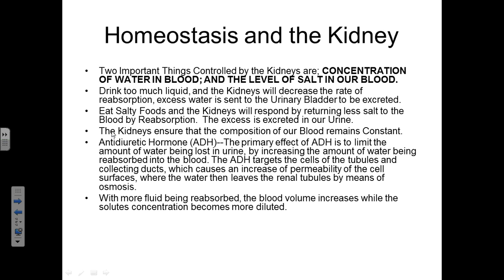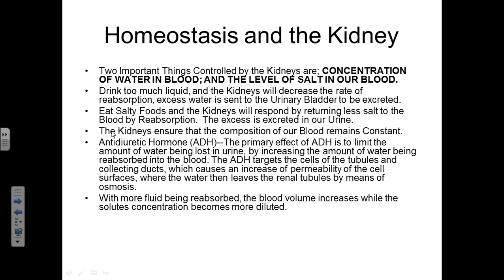And then the very last thing we will say on this PowerPoint, over and over again, I want to stress to you that the main thing your kidneys do is osmoregulation, regulating water and salt balance in your body fluids. Osmoregulation. If you drink a lot of water, your urine comes out looking like what?